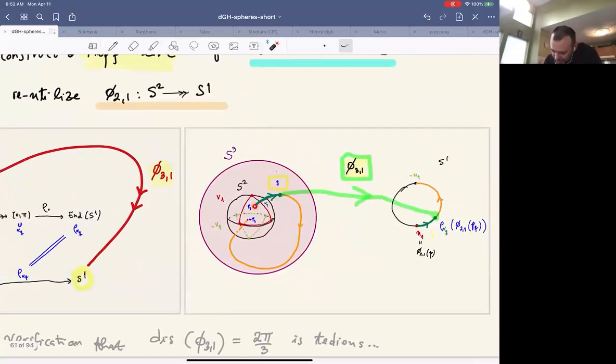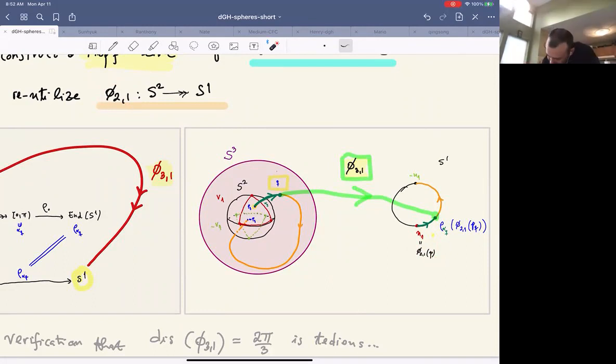Now, P sub Q is a point on S2. Being on S2 means that we can associate to P sub Q a point phi 2,1 of P sub Q, where phi 2,1 was the optimal map we knew between S2 and S1.